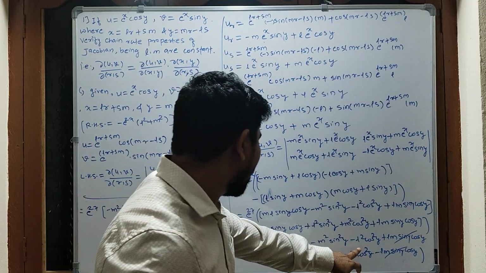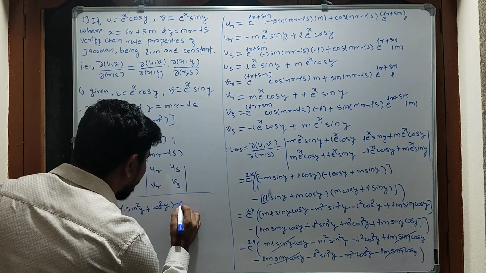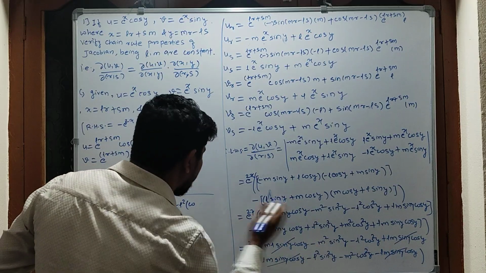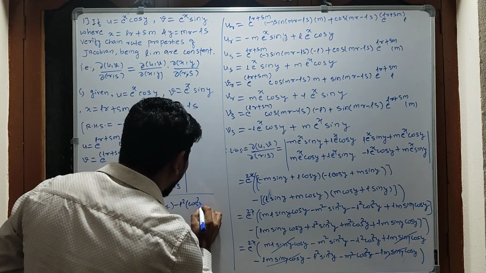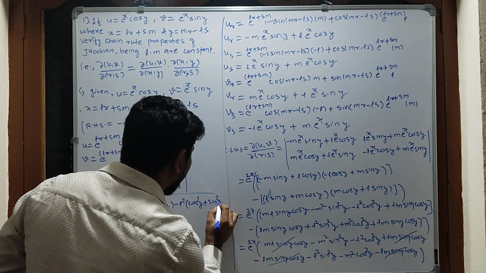I will take minus L square common from these two things, so this is minus L square into cos square y plus sin square y.